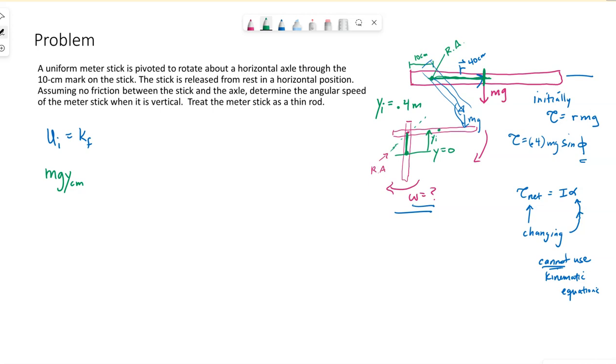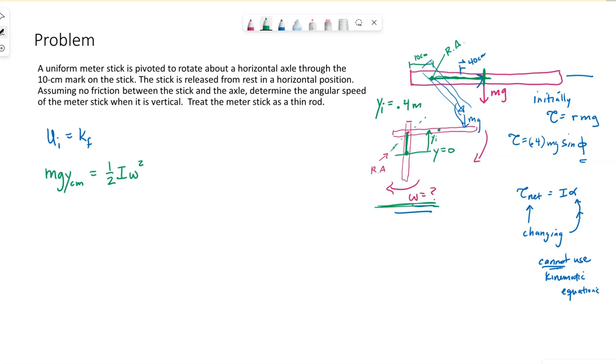Now, finally, remember we have two types of kinetic energy now. We have translational kinetic energy and rotational. In this particular case, as the meter stick is rotating around this lowest point, the kinetic energy is only rotational. And that's because this meter stick is rotating about a fixed rotation axis.